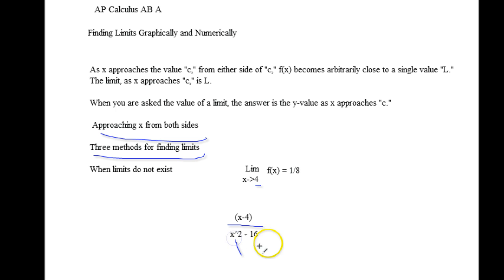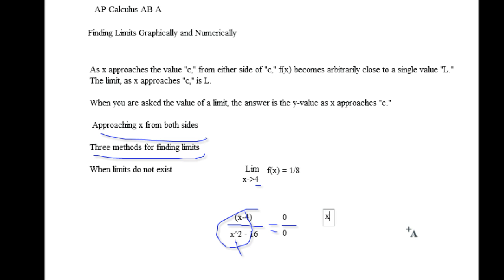But if we plug in 4 here and up top, we are going to get 0 over 0, which is an issue. When we looked at the graph, we got an actual value, so that's a huge issue. So you need to go back and factor and simplify this so that you can actually find it analytically.